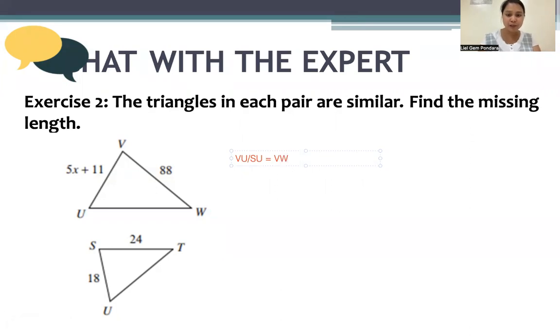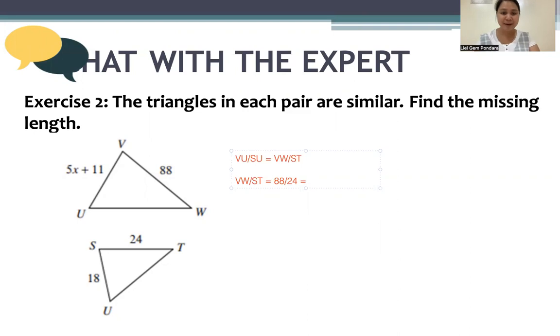While VW, the longer one, is proportional to ST. The longer one has complete measurements. So VW is 88, ST is 24.